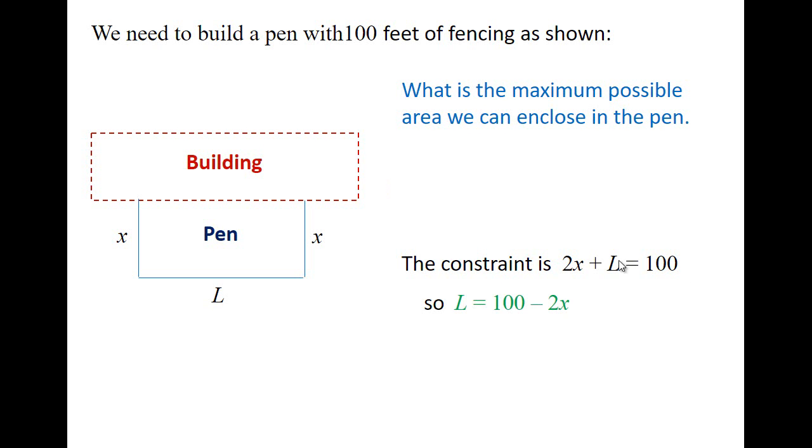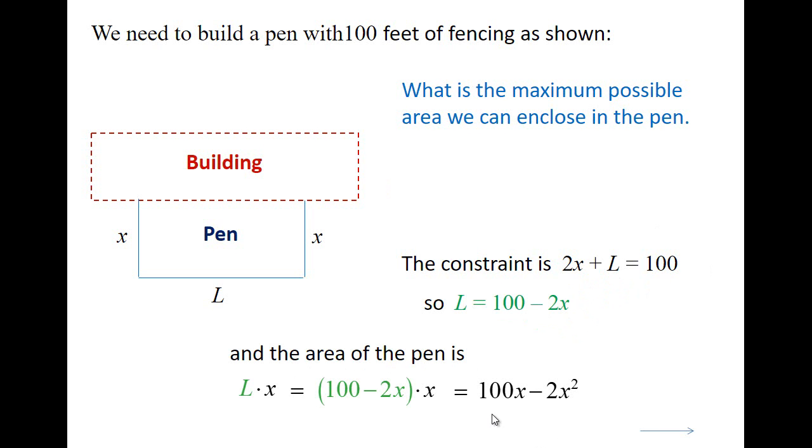And so from this constraint equation, we get that L is equal to 100 minus 2x. The area of the pen is L times x, where we can replace L by 100 minus 2x, which gives us the function 100x minus 2x squared. That's the area of the pen as a function of the width x.